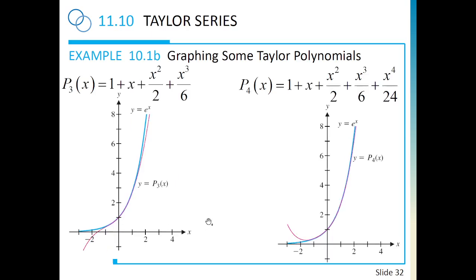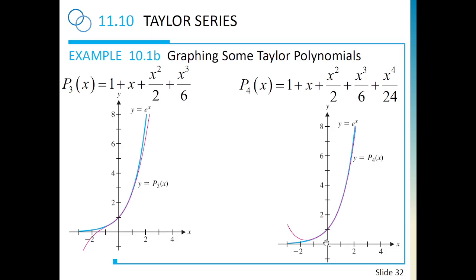So what we observe is as the degree of the polynomial increases, the red curve is closer and closer to the blue curve, which means the interval on which the approximation is good is bigger and bigger. So higher the degree of the polynomial, larger the interval on which the approximation is good.